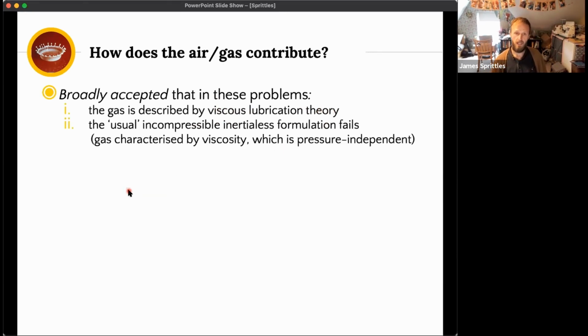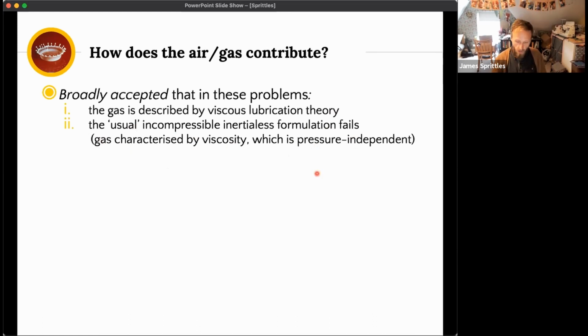What's also recognized is that if we write down the usual incompressible inertialess formulation, the one we derive as undergraduates, then the gas is characterized entirely by its viscosity. The viscosity is independent of the ambient pressure. And so this usual formulation can't describe these experiments we've seen.